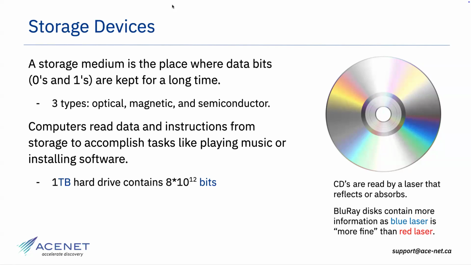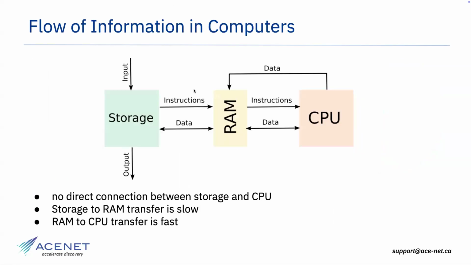It's important to understand how information flows in a computer in order to understand how primary memory differs from secondary memory. So data and programs enter the computer through input devices. A storage medium is where data is stored for future use after it has been entered or generated by an application.